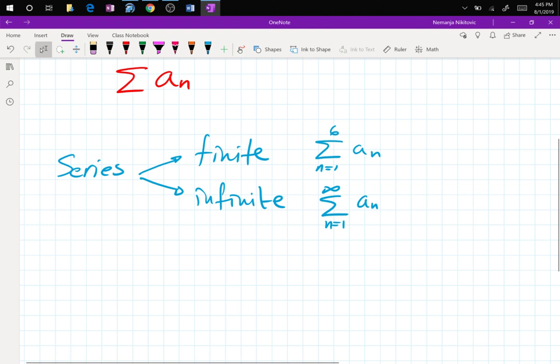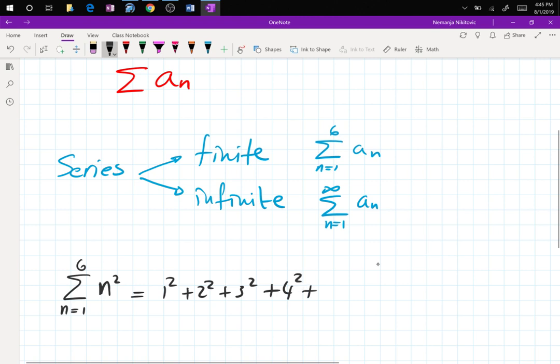The meaning of this notation is simply summation n goes from 1 to, let's say, 6 of n squared. What do you have? Well, first around n is 1, so 1 squared plus 2 squared plus 3 squared plus 4 squared plus 5 squared plus 6 squared, and then you get a number.